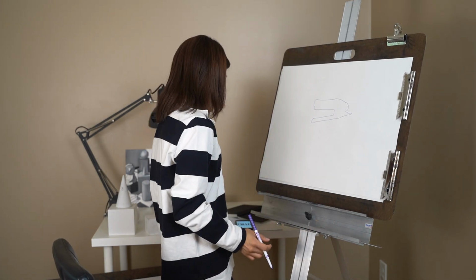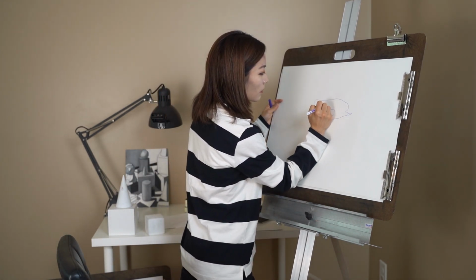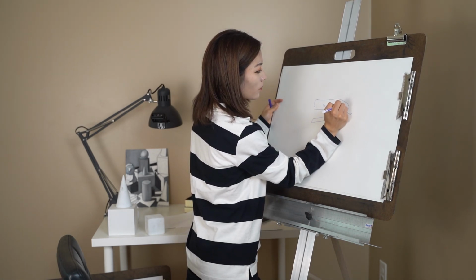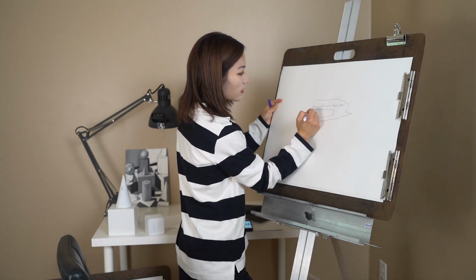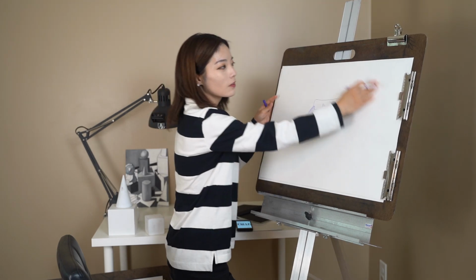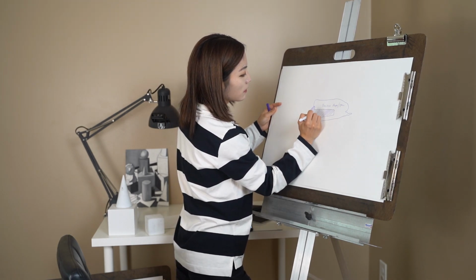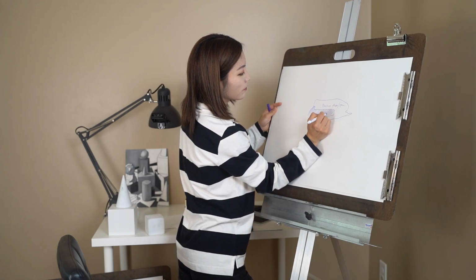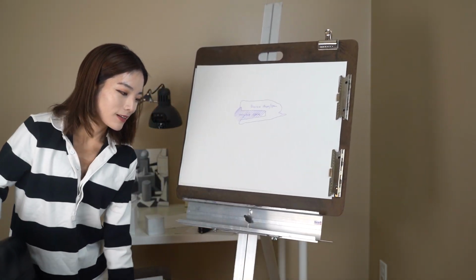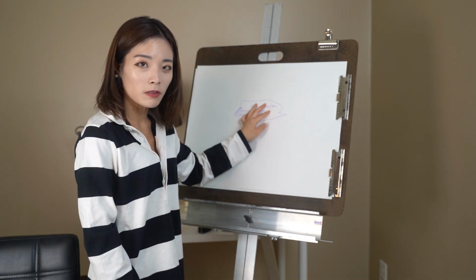So there's my stapler. This is my positive shape or space. And then all of this space around it, I'm not going to shade all of it, but it would be my negative space. Now, if you look at this drawing, there's a lot of negative space, and just a little bit of positive space.